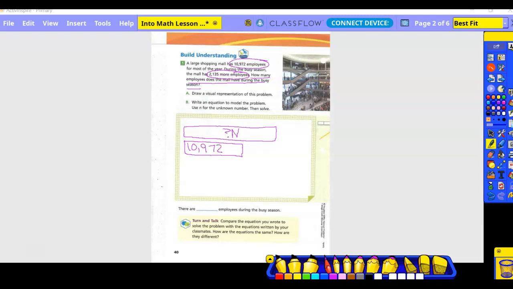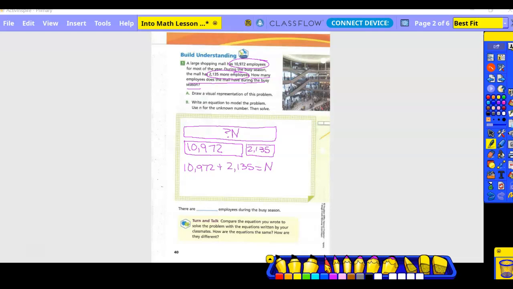And then during their busy season, how many do they have? Okay, so 2,135. So what would our equation look like? Equals what? N, right?